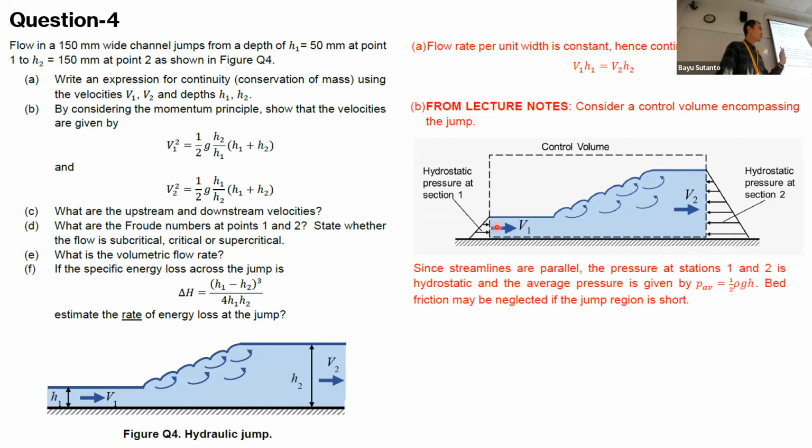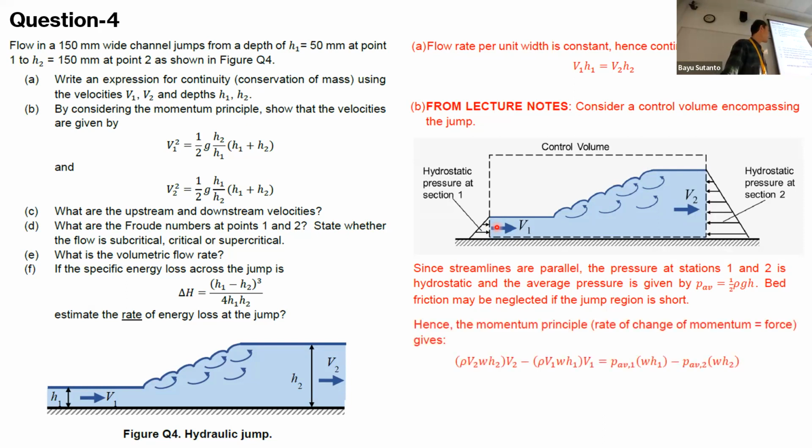So force equals linear momentum, mass flow rate multiplied by velocity, or mass multiplied by acceleration. And then for the force on the left, this is in the positive direction, and this is in the negative x direction. So force equals pressure multiplied by area, and the average pressure must be at the center, the hydrostatic pressure. And this is the linear momentum.